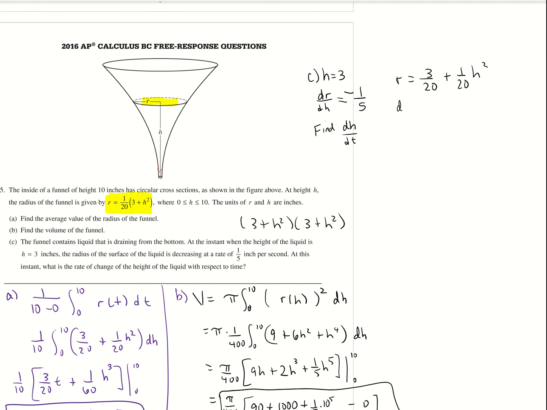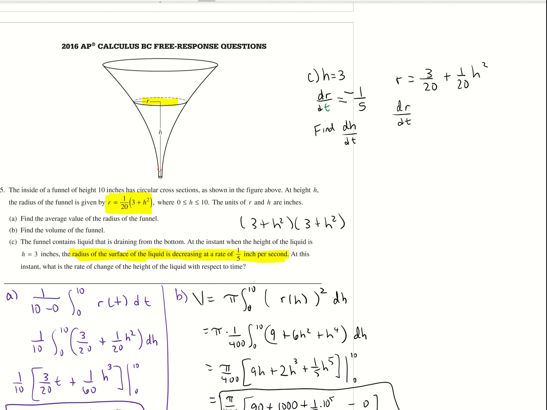So this would be dr over dt. Oh, wait, I'm going to go back really quickly and see how they named this. Per second. Ooh, I did this wrong. The radius of the surface is decreasing at a rate of 1.5 inches per second. This is actually dt. Okay, that's good news.